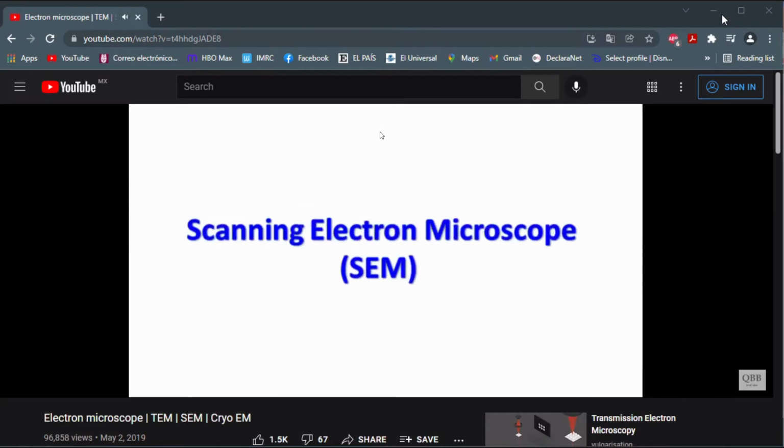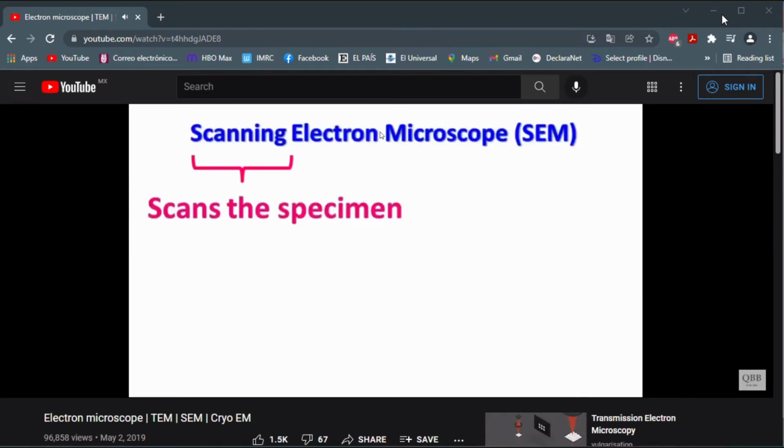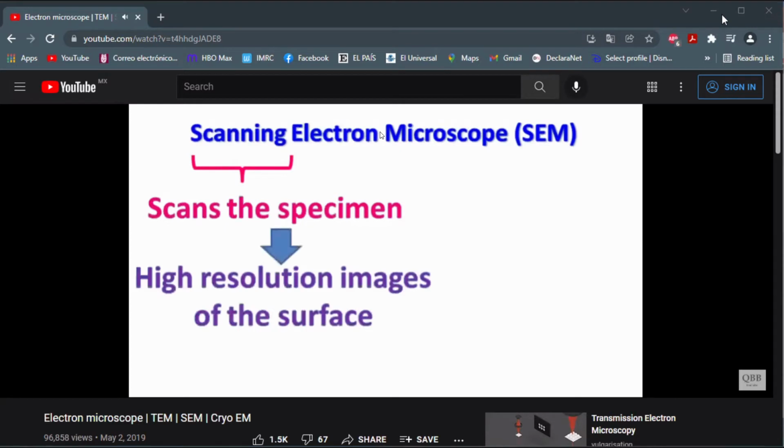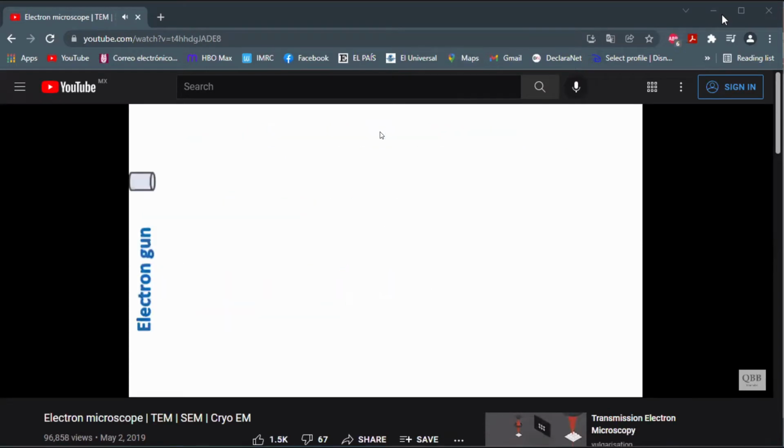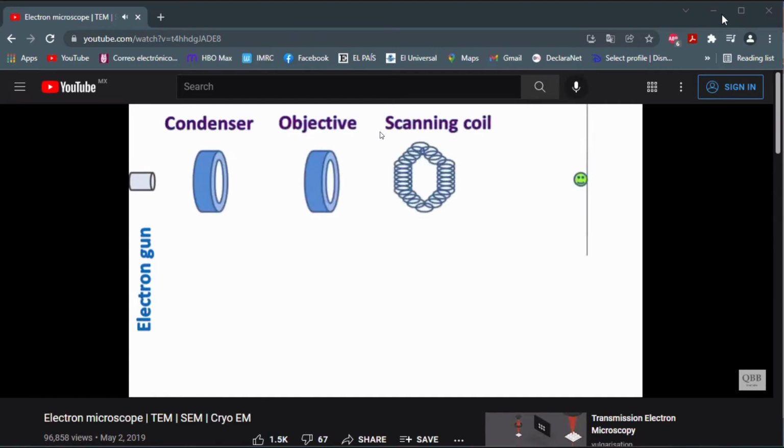Now, let's talk about the scanning electron microscope. As the name suggests, this microscope scans the specimen and gives high-resolution images of the surface. The SEM consists of an electron gun as a source of electrons, a condenser lens, and an objective lens which focuses the beam of electrons on the specimen.